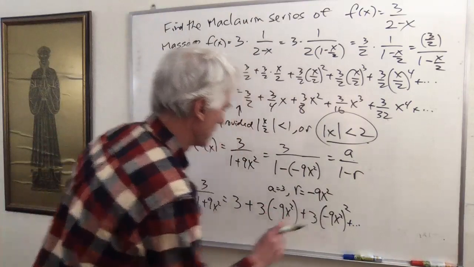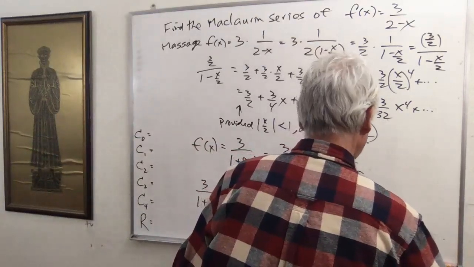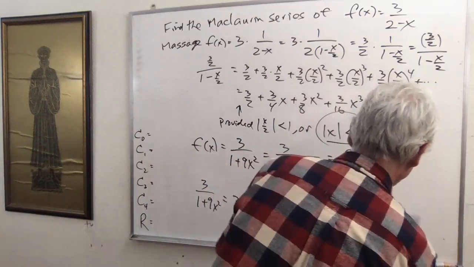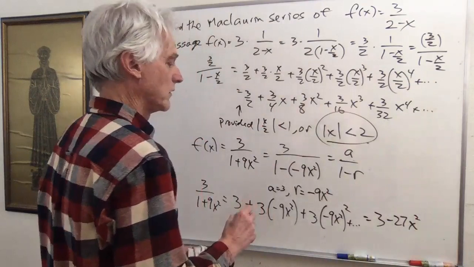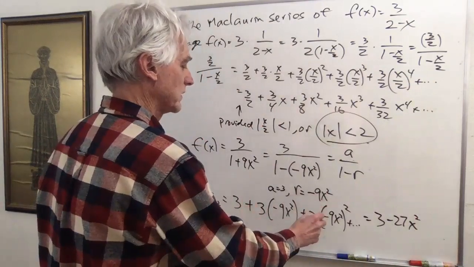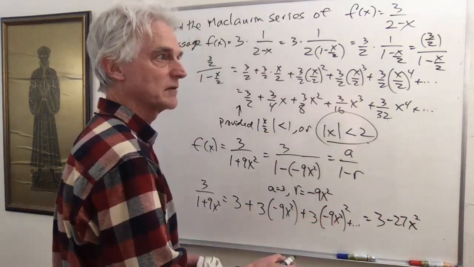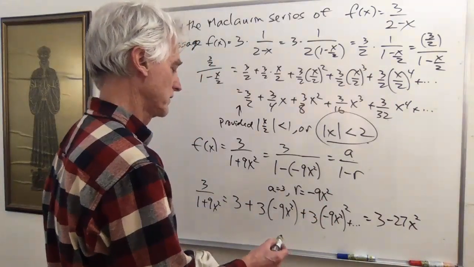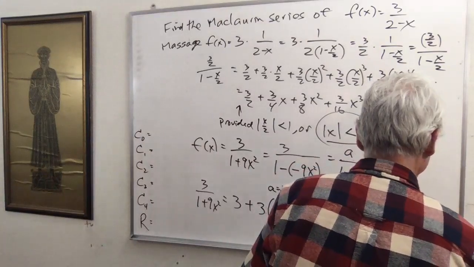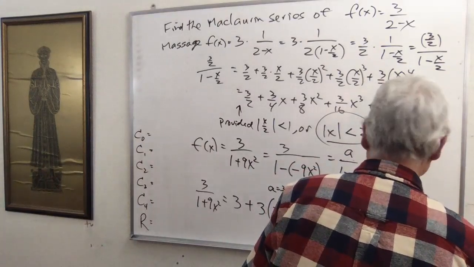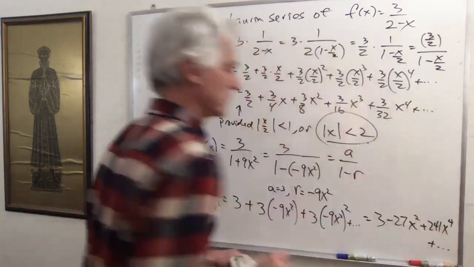Okay, so what is that? This is going to be 3 minus 27x squared. Ooh, 81. And there's going to be a plus sign now. 3 times 81. 8 times 3 is 24. Plus 243x to the 4, plus dot, dot, dot.